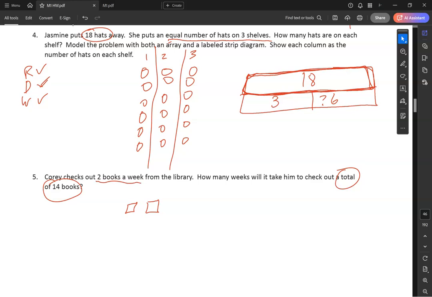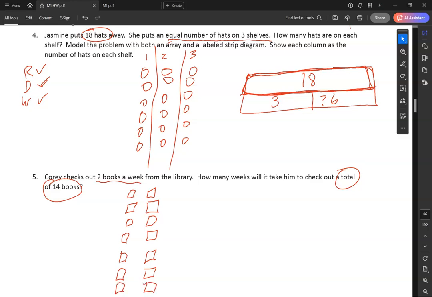And I'm going to go until I get to 14. Now, I see there's 2, so we can count by 2s. So 2, 4, 6, 8, 10, 12, oh, sorry. 2, 4, 6, 8, 10, 12, 14.